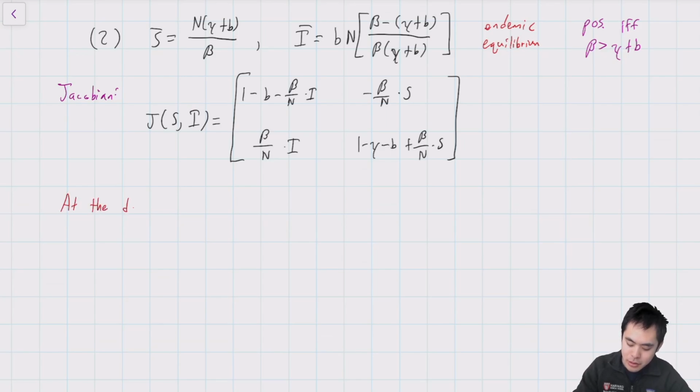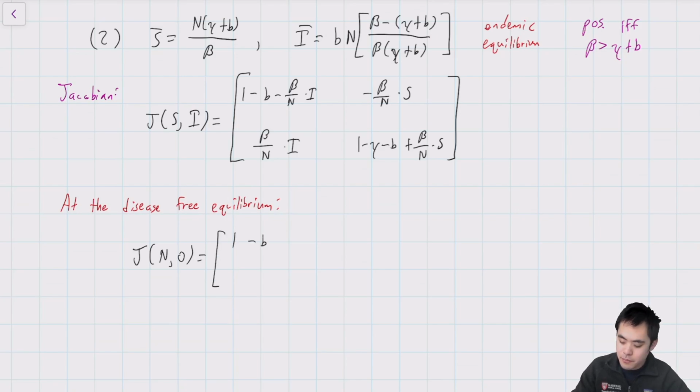So now, there are different possibilities. At the disease-free equilibrium, let's see if that is stable. So basically, is it stable for there to be no disease in the system? So J of N, 0 is equal to 1 minus b, minus beta, 0, and 1 minus gamma minus b plus beta. Okay, so the eigenvalues: lambda 1 is equal to 1 minus b, and lambda 2 is equal to 1 minus gamma minus b plus beta.